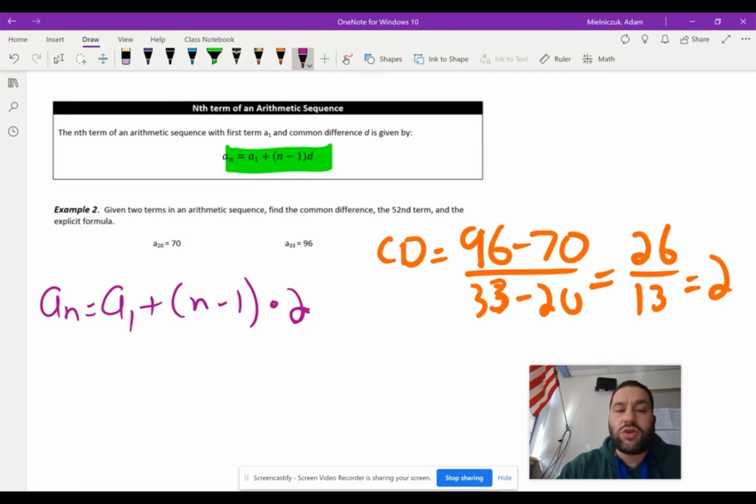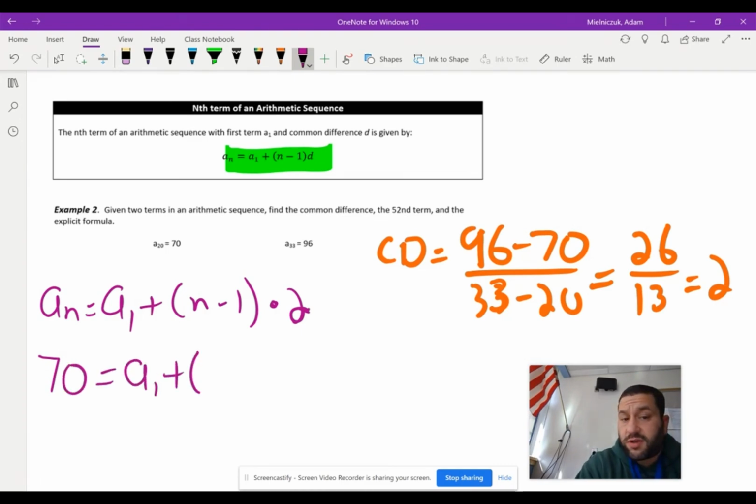But what we can do next is find out the first term by using either of these values. We know that a sub 20 equals 70. So we know that 70 will equal our first term plus, what's our number of terms here? 20 minus 1 times 2.